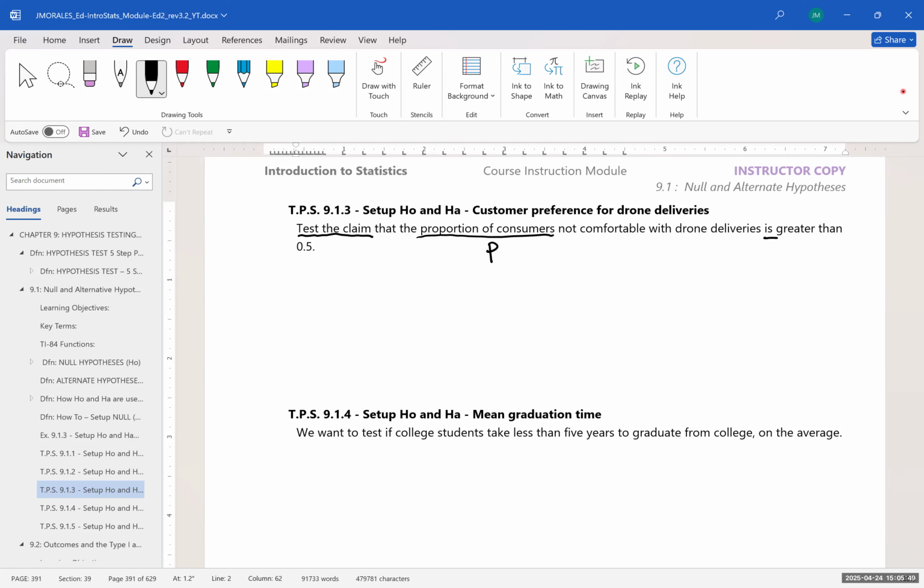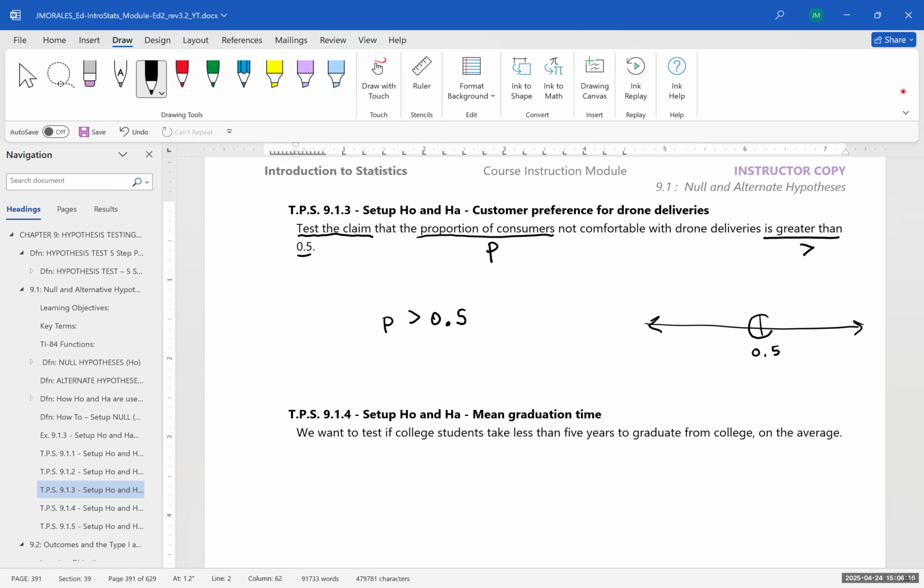And it says is greater than 0.5. So we've got P greater than 0.5. All right, so let's look at this on a number line. We've got 0.5 on a number line, and then we've got greater than 0.5.